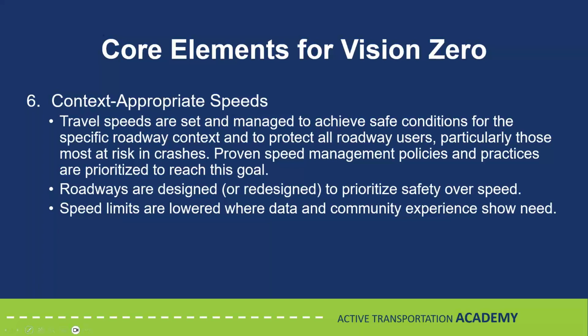Proven speed management policies and practices are prioritized to reach this goal, which is part of the sixth item listed in FHWA's self-certification eligibility worksheet if you are interested in applying for implementation funding. This also means roadways are designed or redesigned to prioritize safety over speed, and that speed limits are lowered where data and community experience show need.